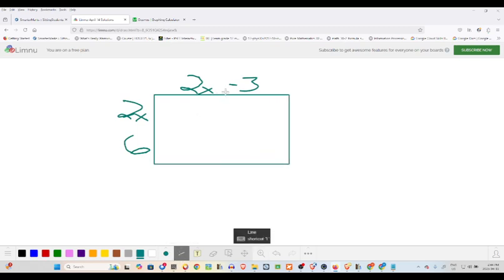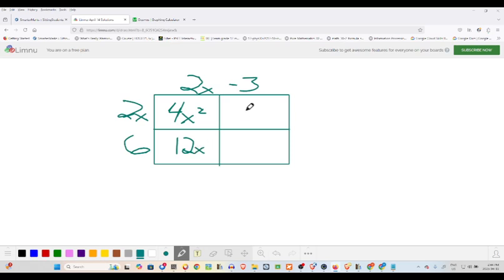All right, so here's our box. So here we have a 4x squared, a 12x, negative 6x, and a negative 18.